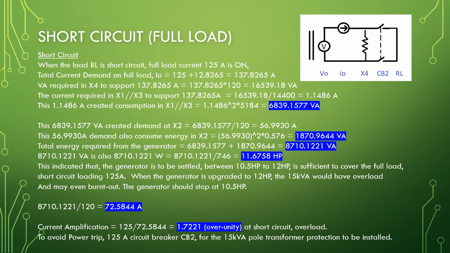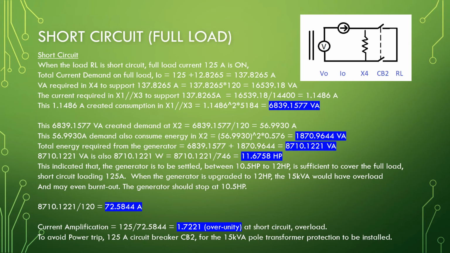This 6,839.1577 VA created demand at X2 equal to 6,839.1577 divided by 120 equal to 56.9930 ampere. This 56.9930 ampere demand shall consume energy in X2 equal to 56.9930 squared times 0.576 equal to 1,870.9644 VA.